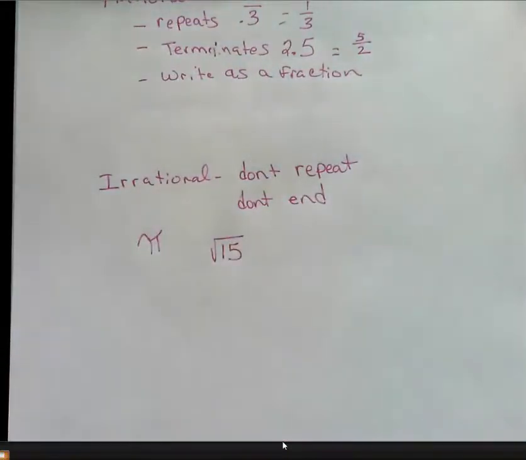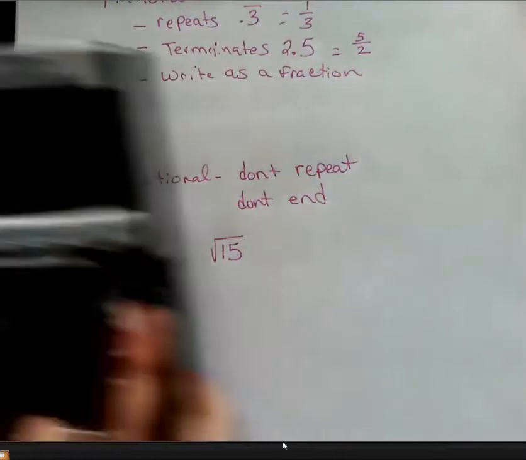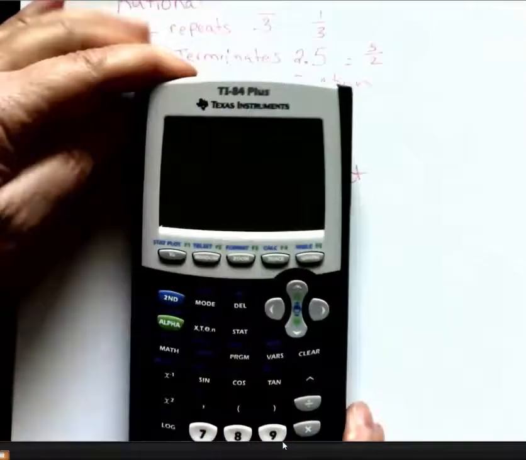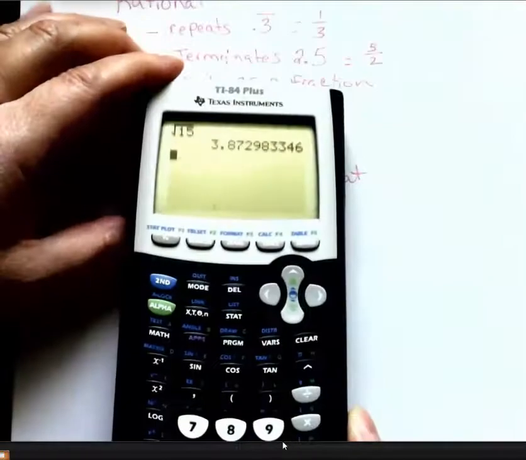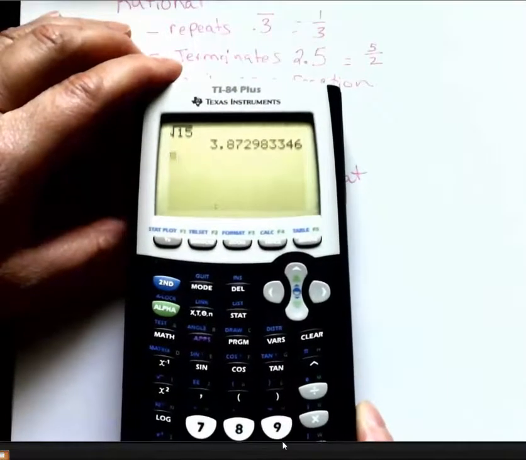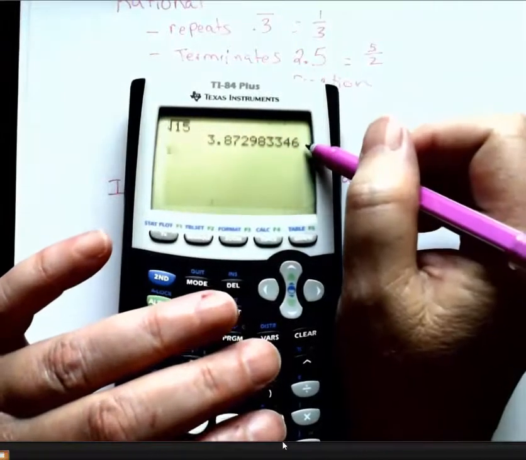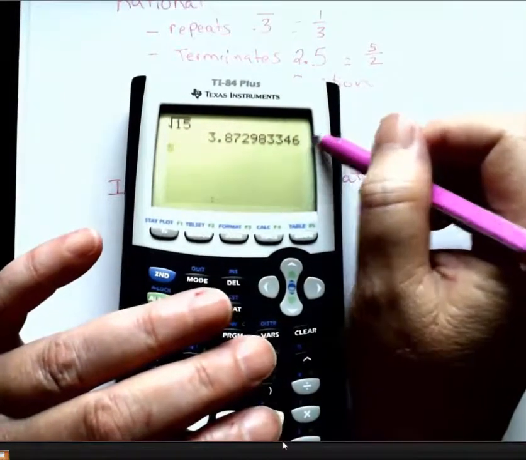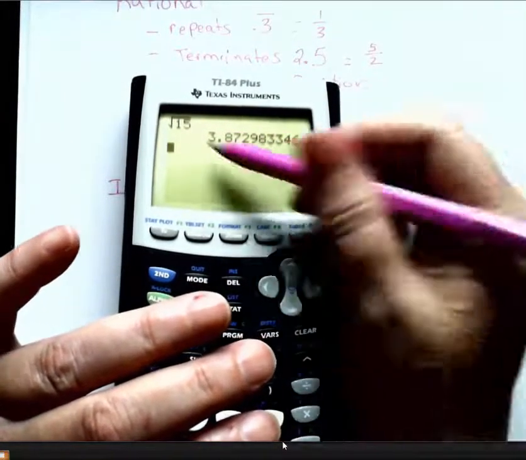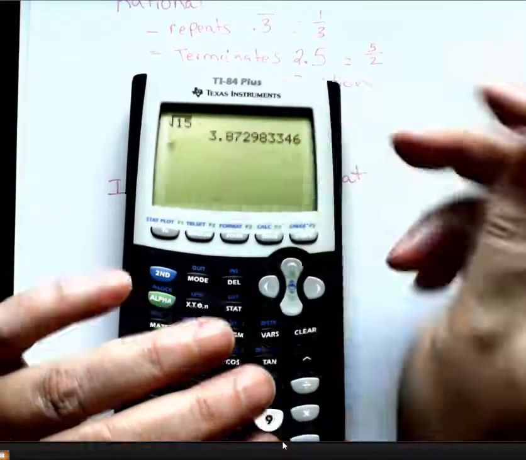So if you take the square root of 15, you get this right here. Now, 3.872983346. If you were to guess, could you guess what this next number is going to be? No, you can't. That's why it's irrational.